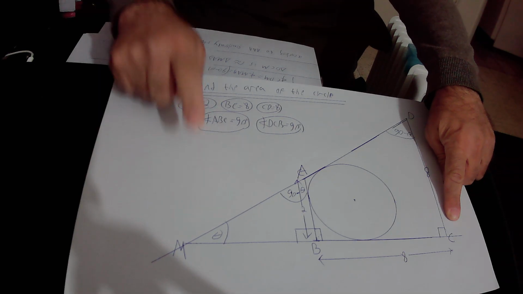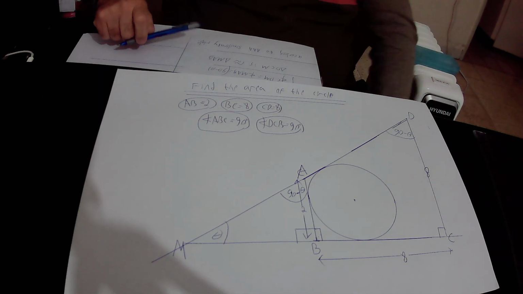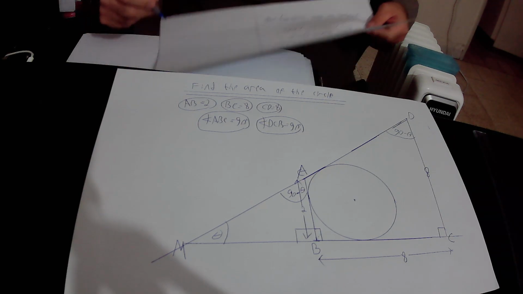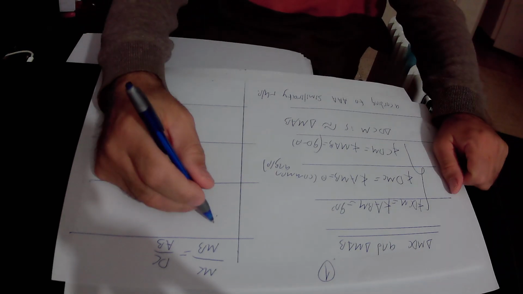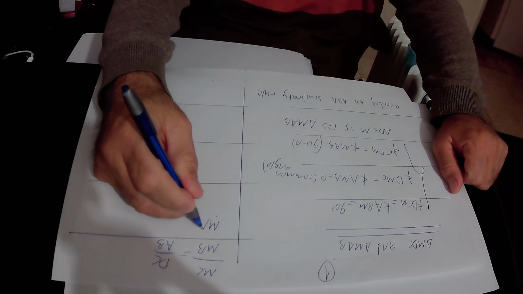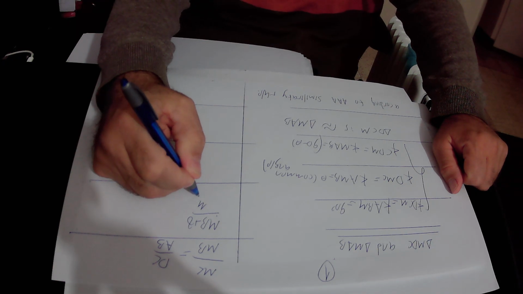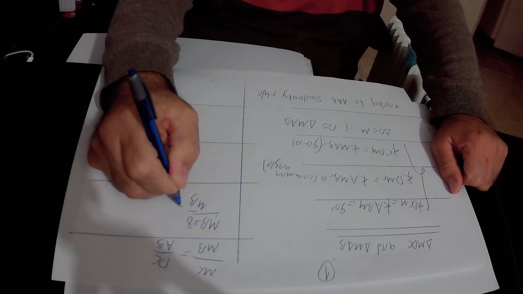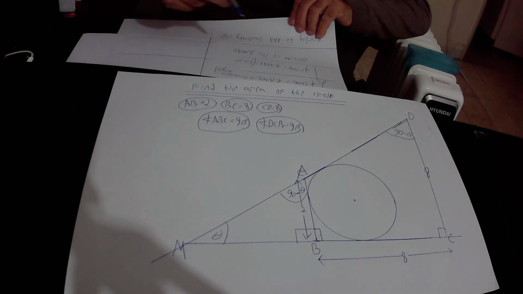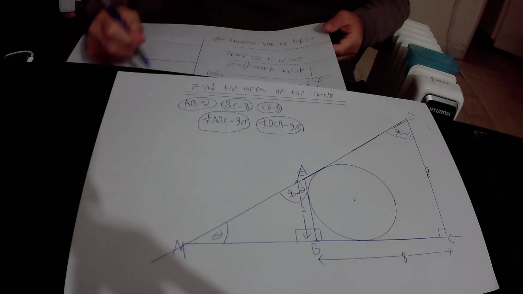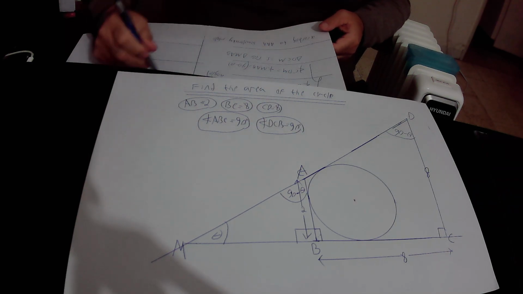So we can substitute MC by MB plus 8. MB plus 8 over MB, and it is equal to DC, which is 8, over AB, which equals 2 according to what is given to us in the question.